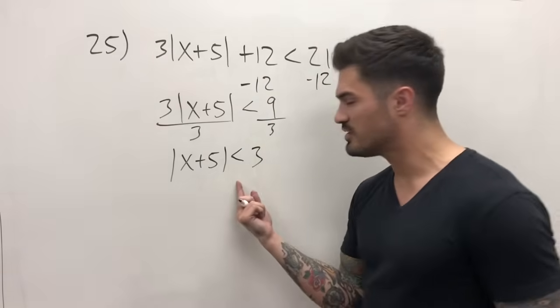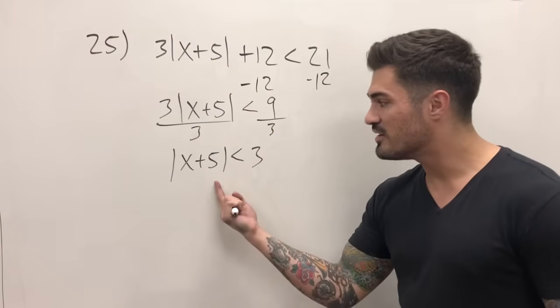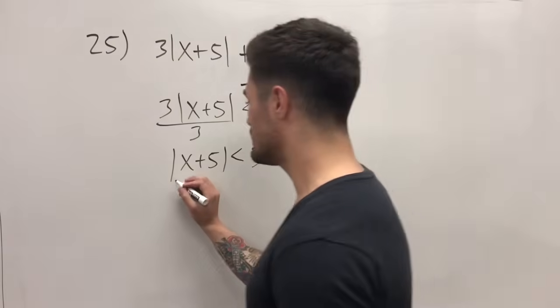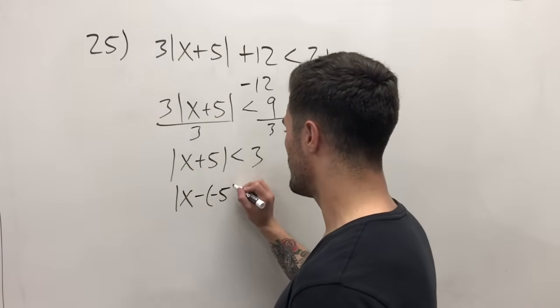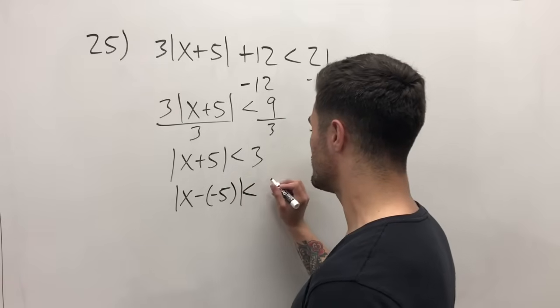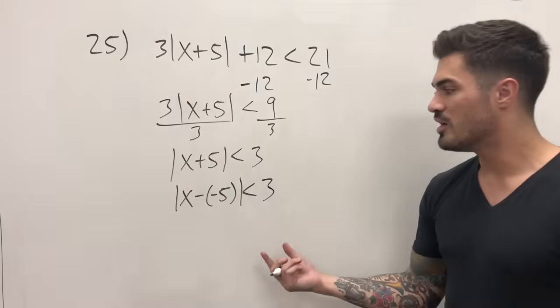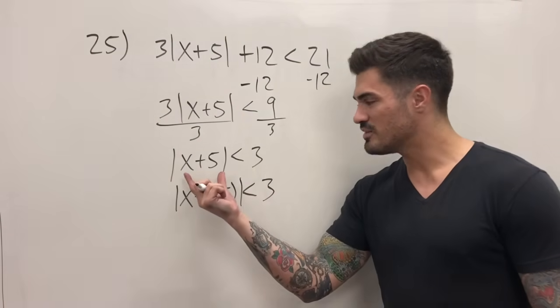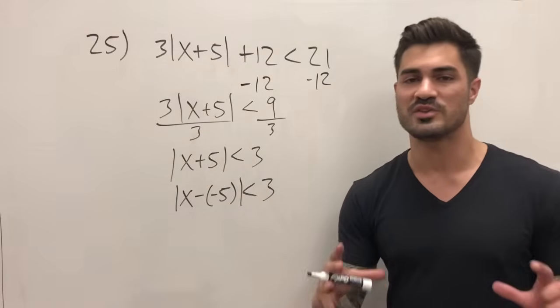So since I have the strictly less than here, I have the distance between x and, again, for distance, we do have to have a minus in here. So really, this is the distance between x and negative 5. So I have to rewrite this a little bit if I want to use this method of solving it. But since I have a less than, absolute value and then less than some number, I'm going to have a single interval as my solution.